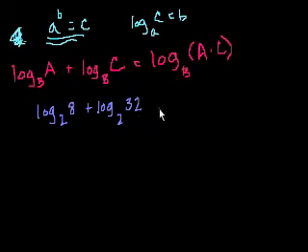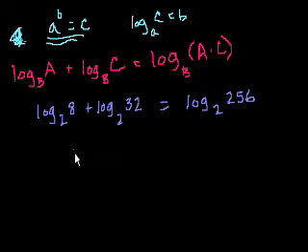In theory, if we believe this property, this should equal logarithm base 2 of what? Well, 8 times 32. So 8 times 32 is 240 plus 16, 256. Logarithm base 2 of 256.